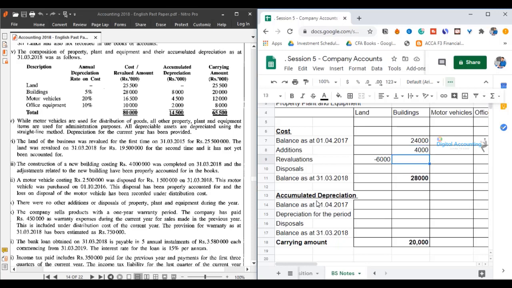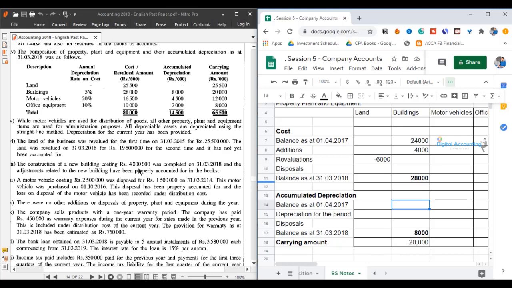So let's move to the accumulated depreciation part of the building. As per additional information 5, all current year depreciation has been provided. So the accumulated balances in the additional information include the current year depreciation too. So the balance of the accumulated depreciation for buildings is 8,000, which includes the current year depreciation also.